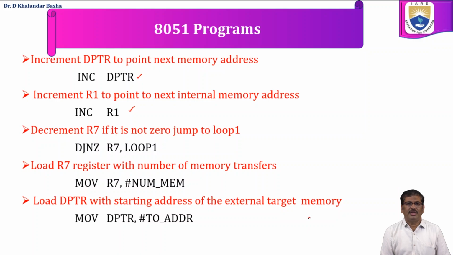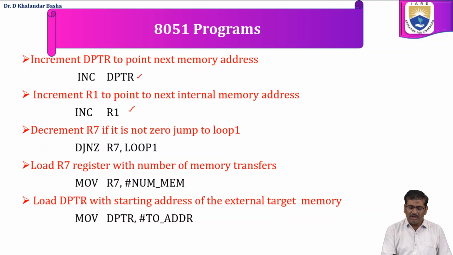As we have kept the number of data items we want to move in the R7 register, for every data transaction, decrement R7. If R7 is not equal to zero, that indicates we still need to transfer more data, so go to loop 1. This loop will be iterated until the specified number of memory locations are copied.